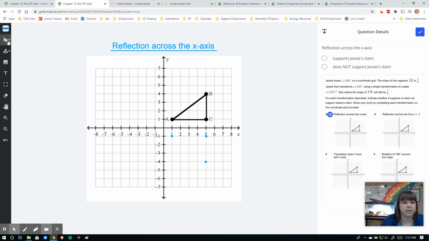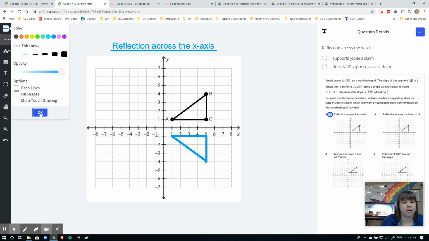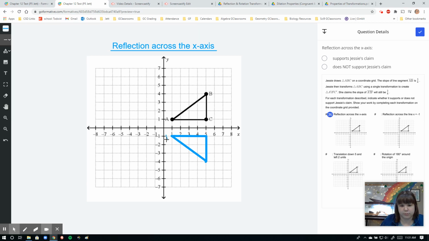So I plot those points, and then I'm going to draw my line. Let me label our vertices. So here's A prime, there's C prime, and there's B prime.